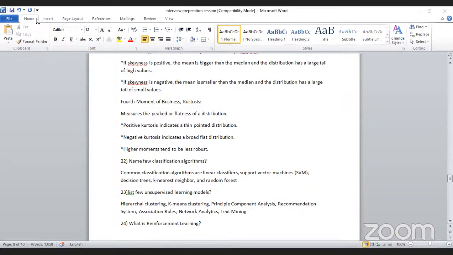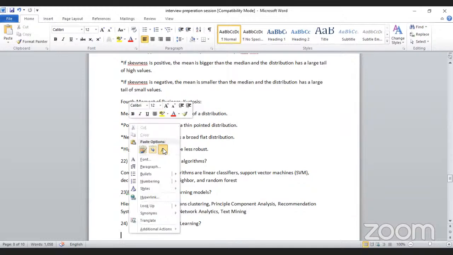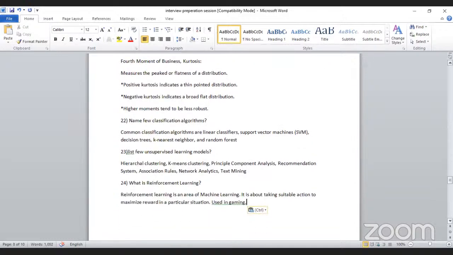What is reinforcement learning? It is an area of machine learning which is about taking suitable action to maximize reward in a particular situation.